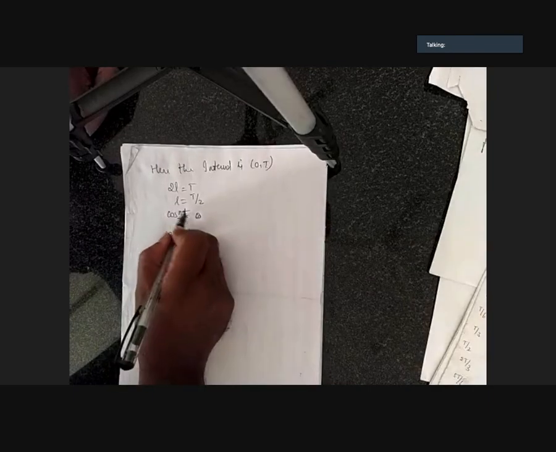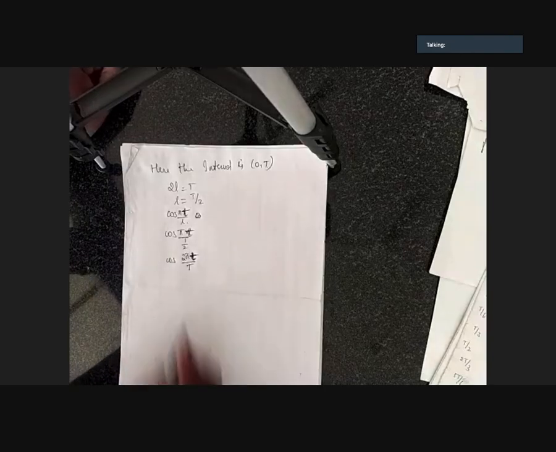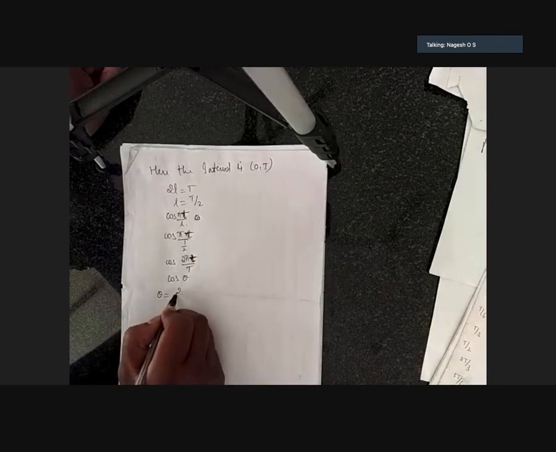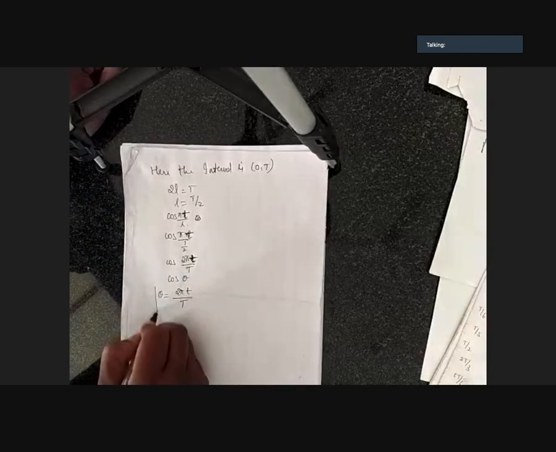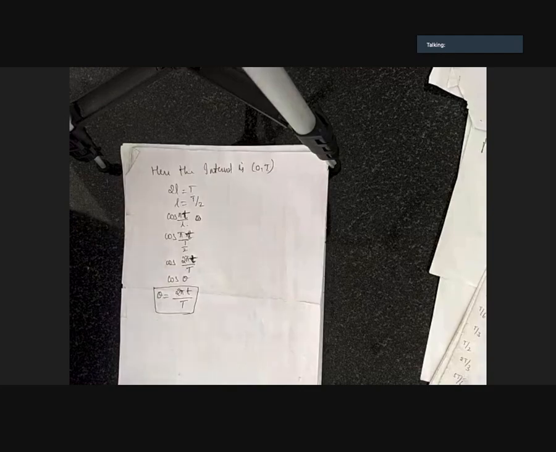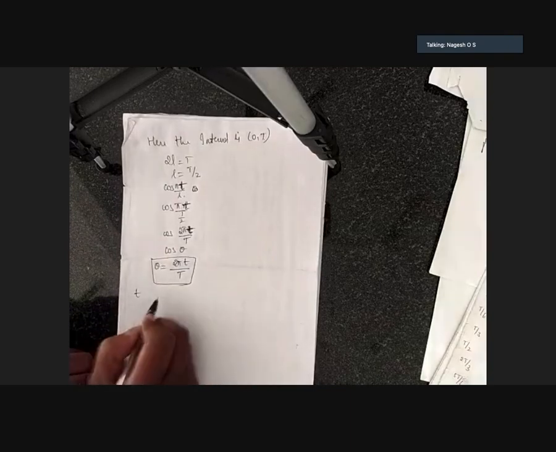So here x won't come, T will come. 2 pi T by T. So take this as theta. What is theta now? 2 pi T by T. This is theta. Understood? If you find out theta, then T value will be same.